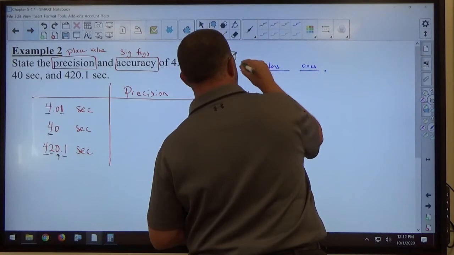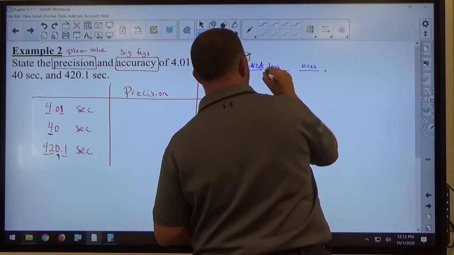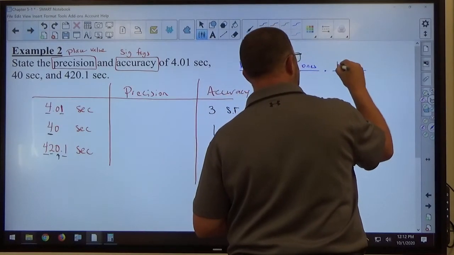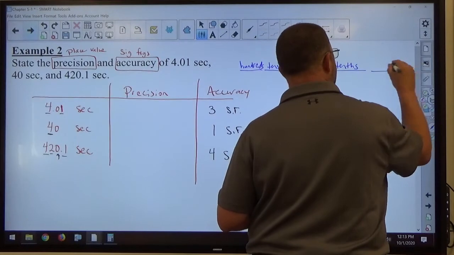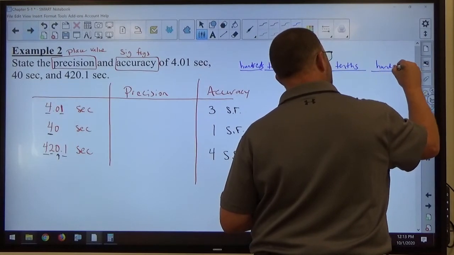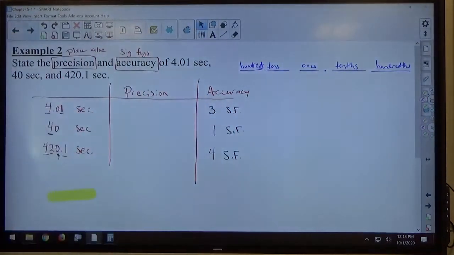I got the hundreds place. And on the other side of the decimal, I have the tenths place and the hundredths place. That's all these numbers take in, so I'm just going to go with that much for now.